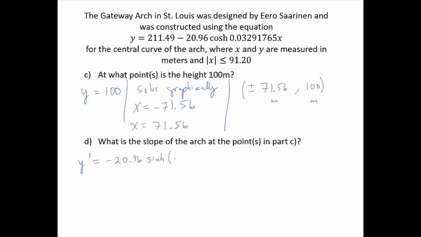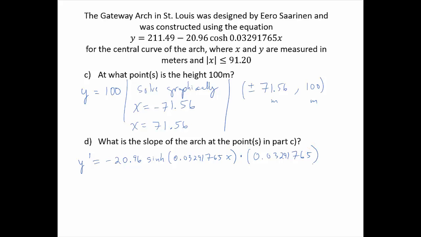And we'd have the 0.03291765 x. And then by the chain rule, we would have to multiply that by the derivative of the inside, which is just, again, 0.03291765.